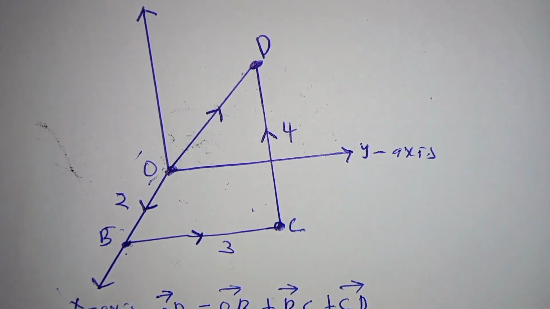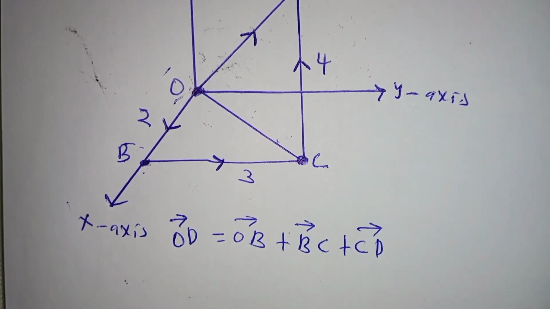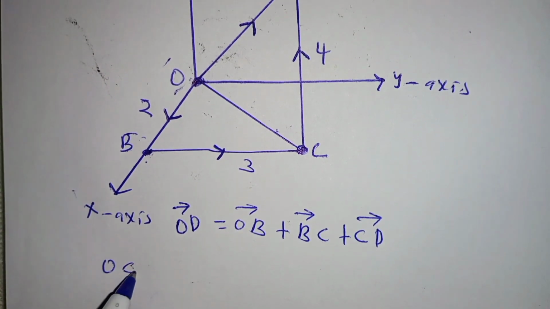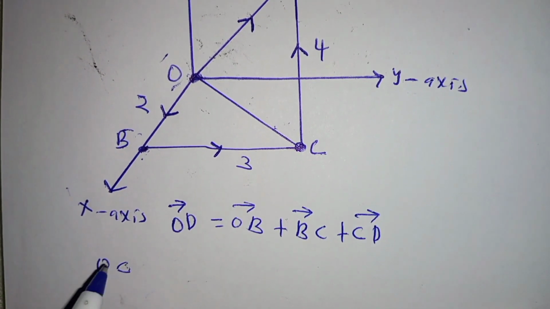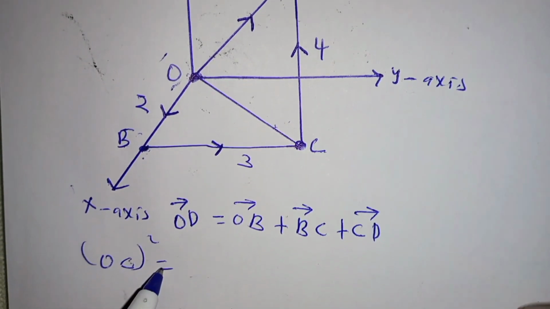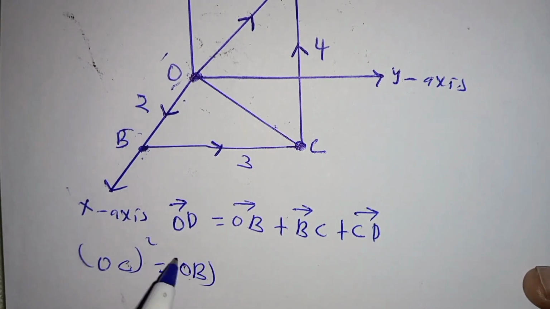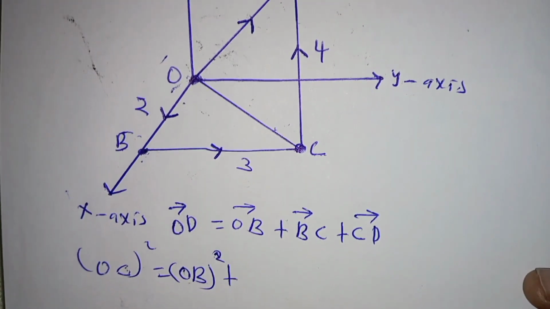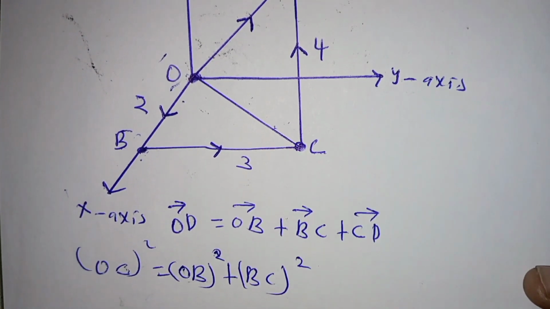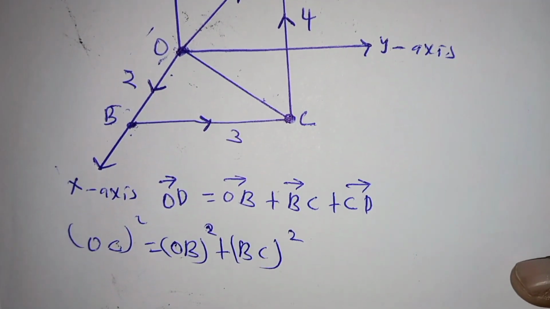Now, in this diagram, OC is the hypotenuse, and OC squared is found by OB squared plus BC squared by Pythagoras' theorem.